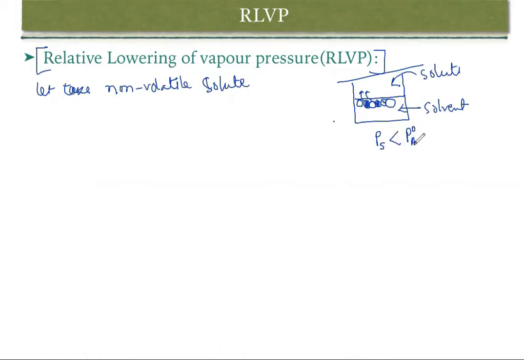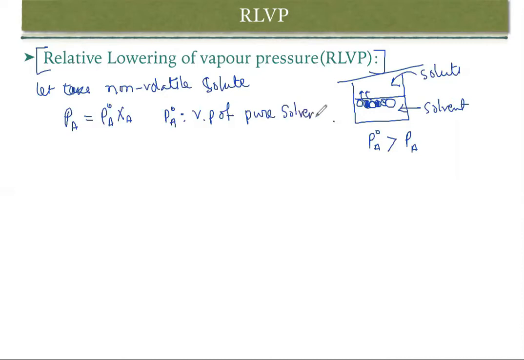Now if we use Raoult's law, we know that PA is equal to PA naught into XA. Here PA naught is the vapor pressure of the pure solvent, and XA is the mole fraction of solvent.